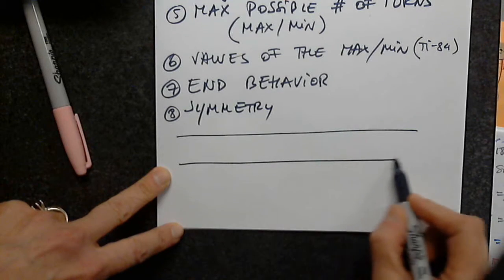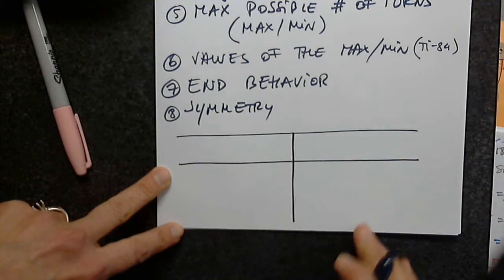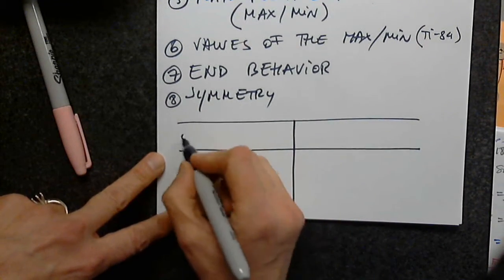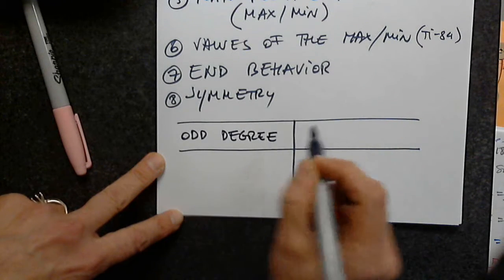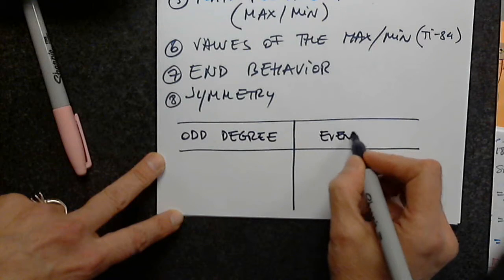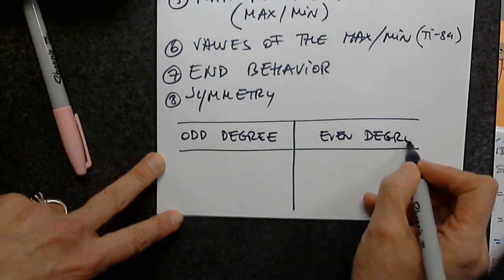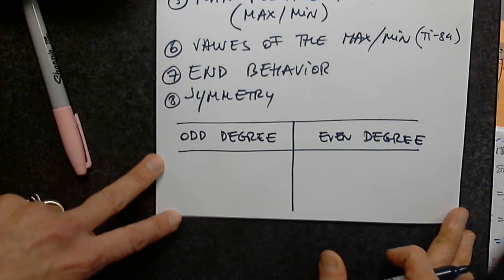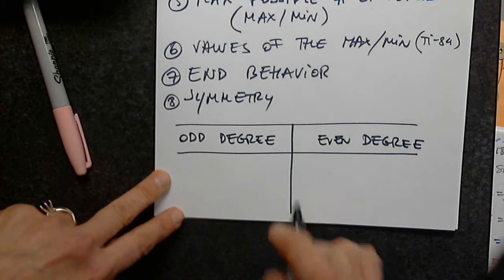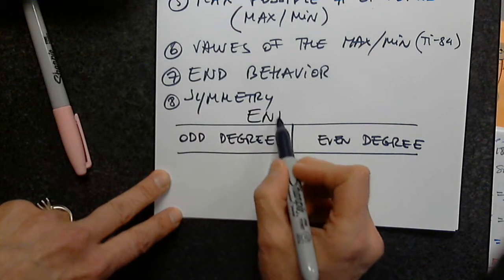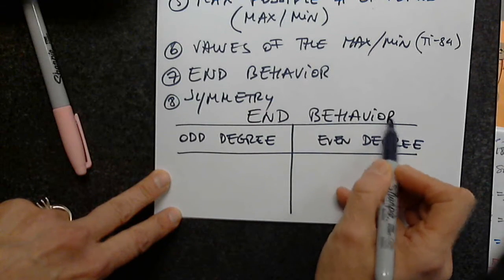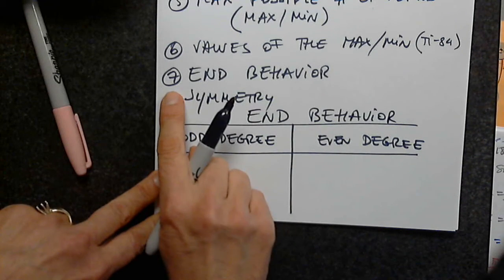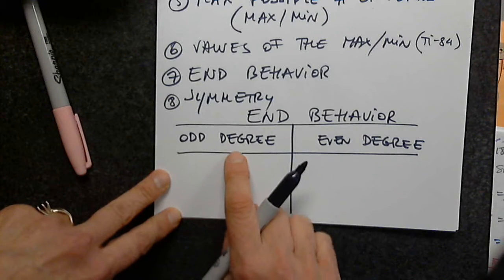Before we proceed, I want to look at odd degree and even degree. And this discussion here is only about end behavior. So I'm talking about 7 in preparation for what follows.